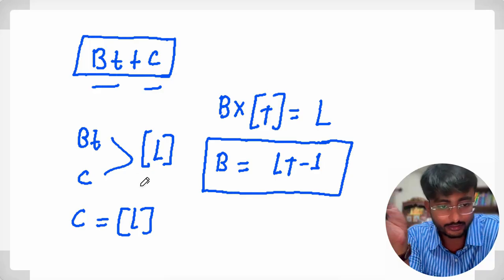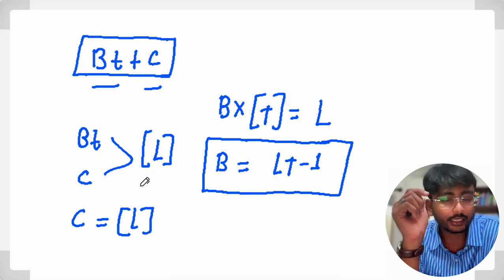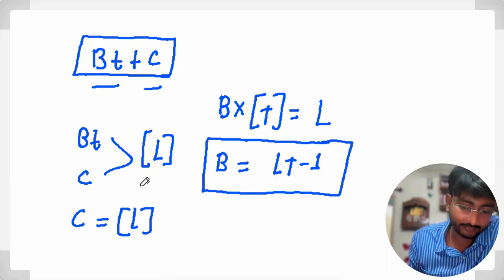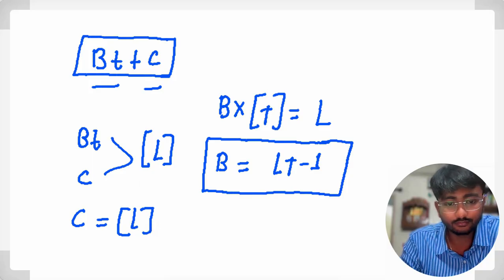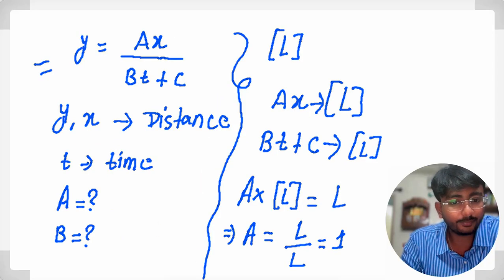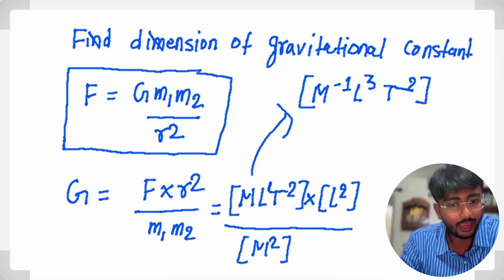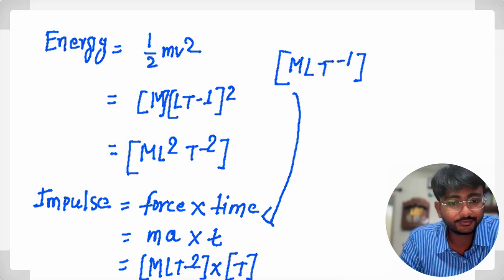We have understood how we can calculate the dimension of any physical quantity, right? Now we will understand what is its importance, why we need to understand dimension. So see, dimension is the way to represent a physical quantity. I have told you this in earlier classes as well.